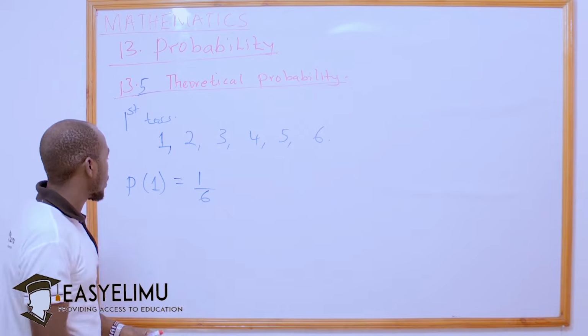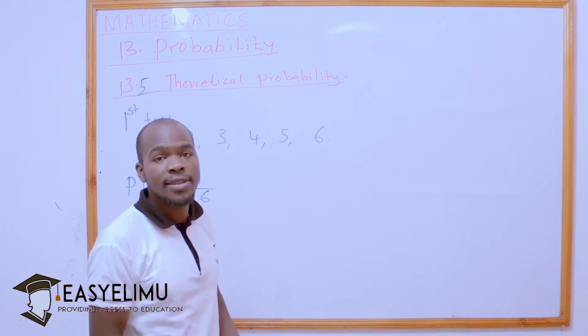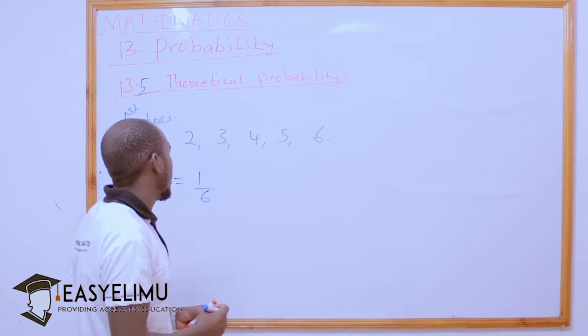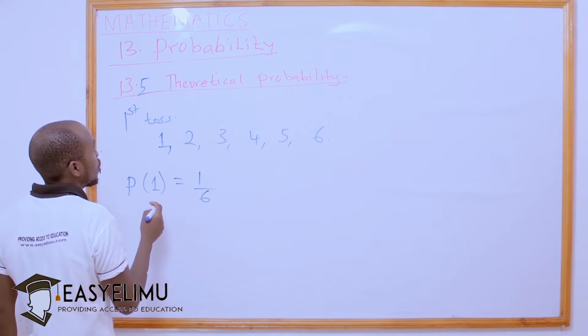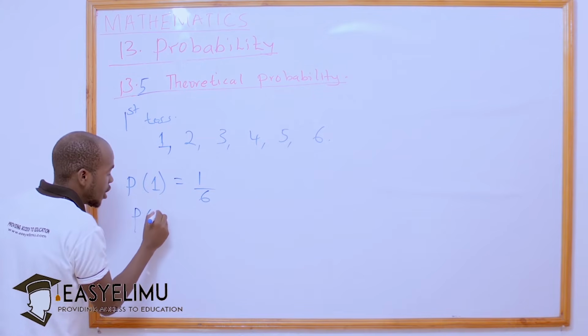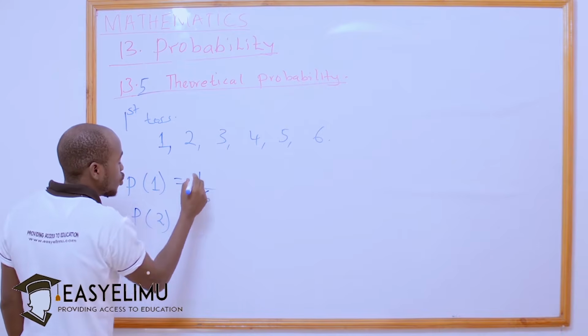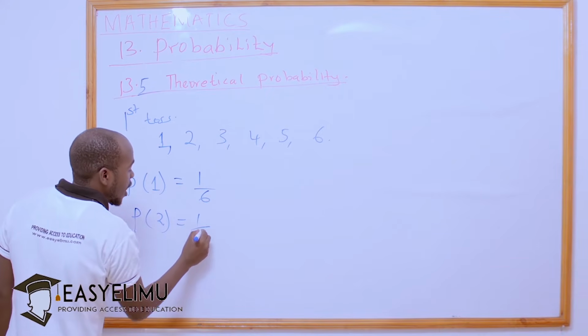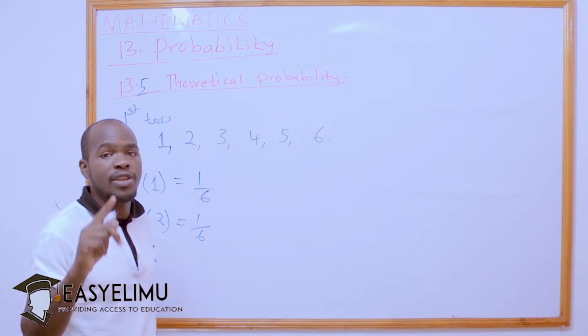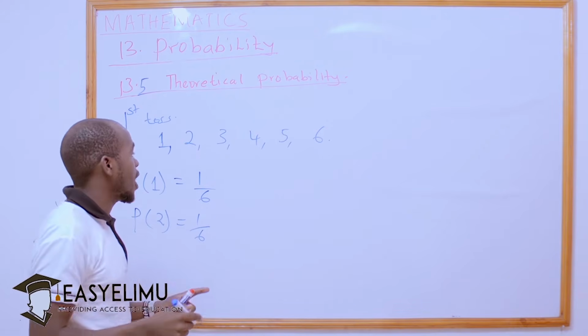So the probability that the dice shows number 1 is 1/6, and it will be so throughout because it is the first toss. Even the probability of showing 2 will be equal to 1/6 because number 2 will be shown only once in a single toss. So that is how we calculate.